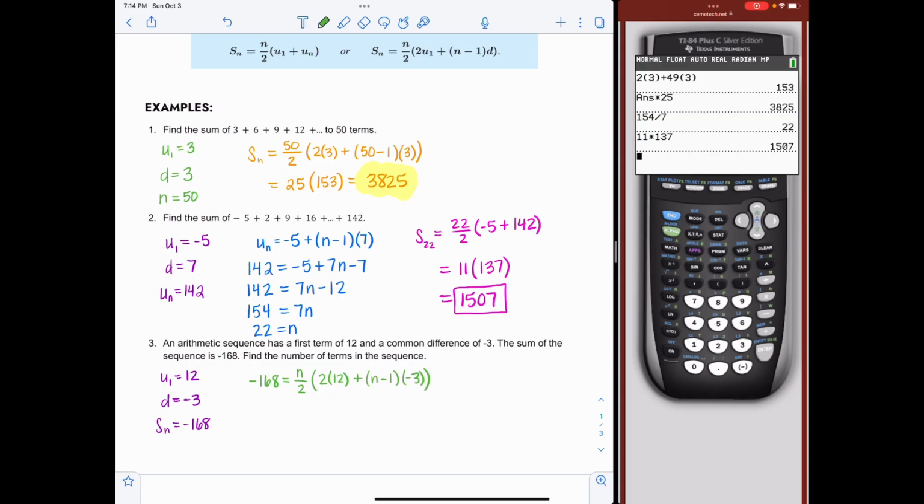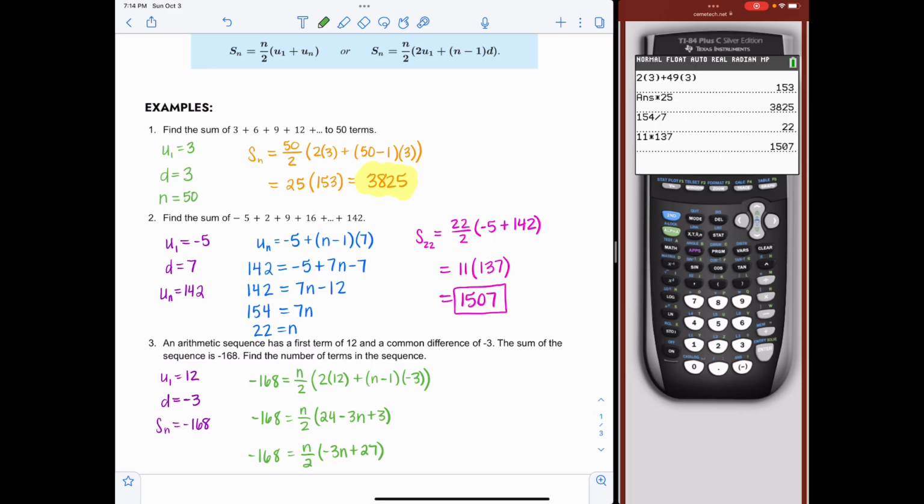So we're going to keep on simplifying the right hand side. So we're going to have -168 is equal to n over 2 times 24 plus, and actually it's going to be minus 3n because we distribute, plus 3, and then simplify once more. -168 is equal to n over 2 times -3n plus 27.